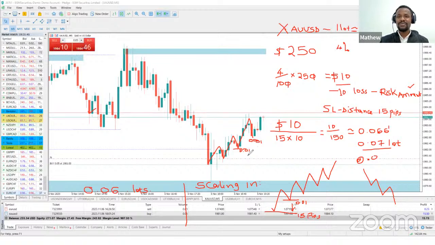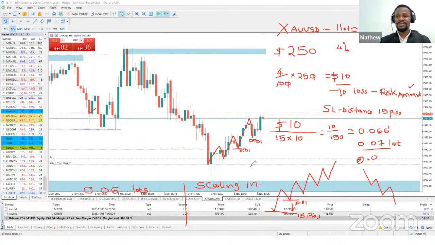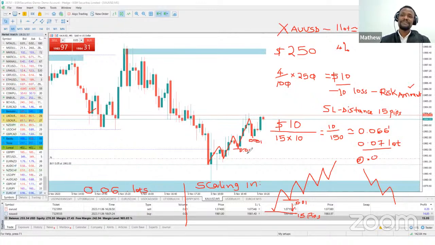All that time, we are moving the stop losses to break even or on the side of the profit. And in this case, it's advisable that if the second trade, for example, moves to the side of the profit, then the first trade that you entered earlier also moves its stop loss to that level.